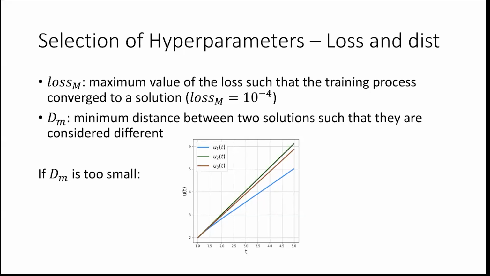While the threshold on the distance is a bit trickier, because if we define it too small, it means that there could be 2 solutions that are distant enough because their distance is higher than dm, that in this case we picked too small.